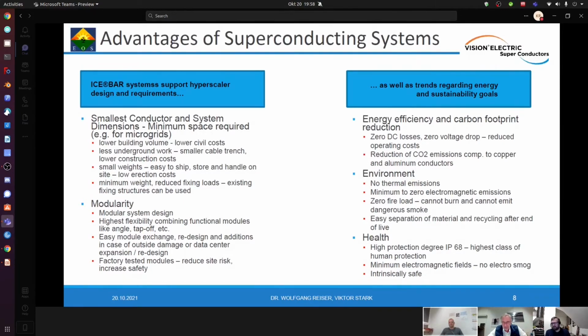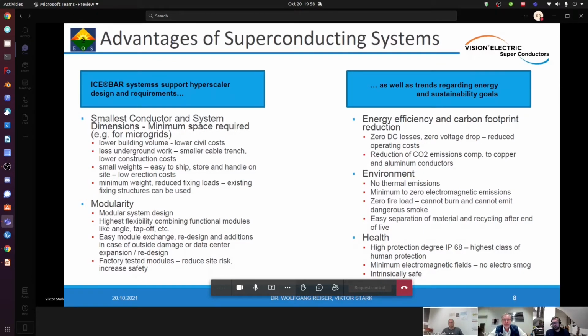So we like 40 MV better than 20 MV, and we like 100 MV better than 50 MV, which is then giving more advantage for the total cost situation of a data center. So therefore, we are looking for hyperscale data centers.